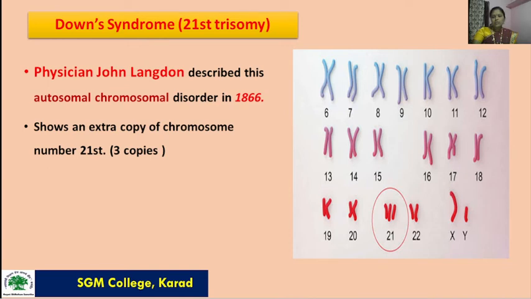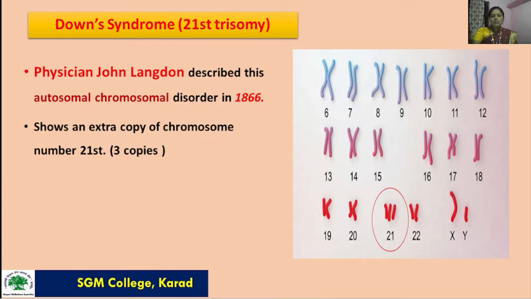let us understand here, the syndrome is caused due to an extra copy of chromosome number 21, that is 3 copies. So instead of a homologous pair, these individuals will have 47 chromosomes instead of the normal number 46.